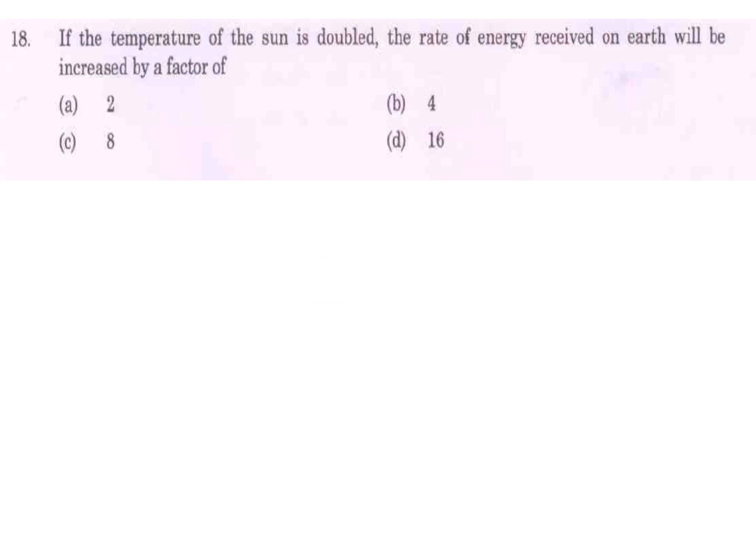If the temperature of the sun is doubled, the rate of energy received on Earth will be increased by a factor of what? We know E equals sigma A Ts to the power 4. Temperature is increasing. E1 is sigma A Ts to the power 4.